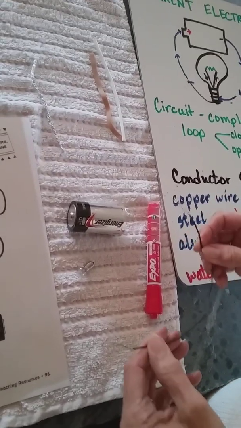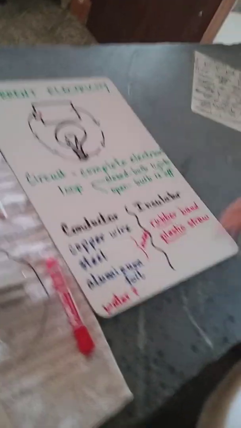So we talked a lot today about current electricity. And remember, a current is a stream of electrons that travel from a power source. The negative electrons flow from the power source into the object that needs the energy to work. You need to have a complete circuit, a complete loop of energy, for it to work.